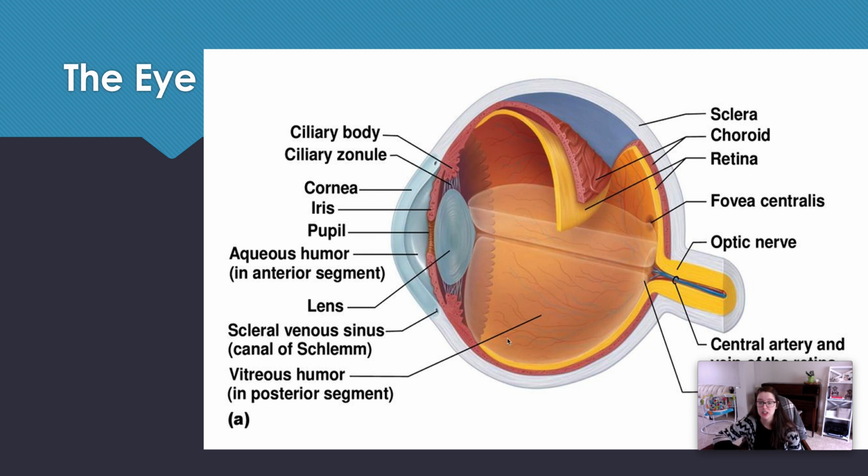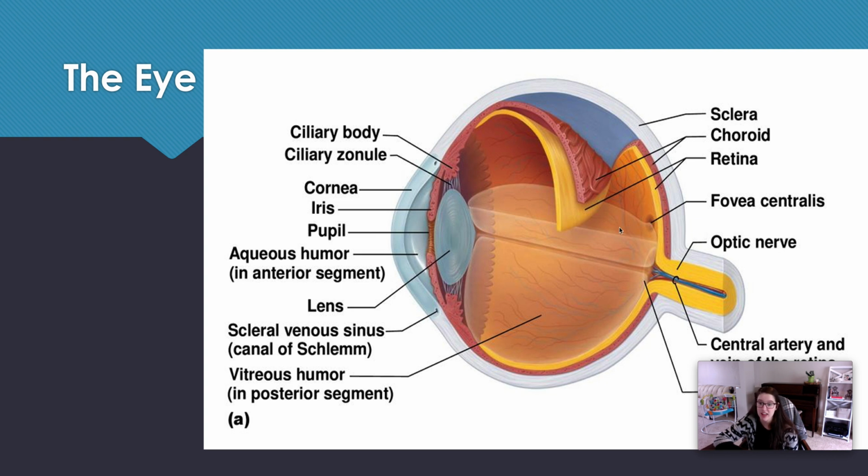The vitreous humor is the fluid that's in the back or the posterior chamber of the eye, and it has a much thicker consistency than the chamber in the front of the eye, which has aqueous humor, which is more water-like. And then the fovea centralis is the area where our main vision is focused upon.